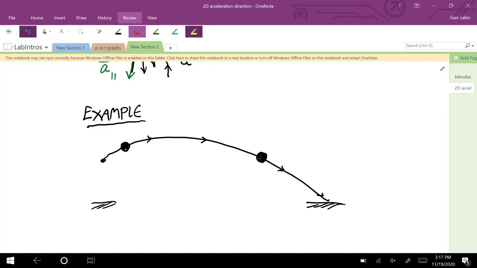So over on the left, the velocity vector is tangent to the path in the direction of motion, so it's this way. Now, is the object speeding up or slowing down? Something in projectile motion, if it's on the way up, is always slowing down. So there's a parallel part of the acceleration that's opposite the velocity.